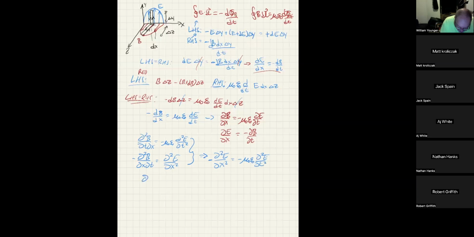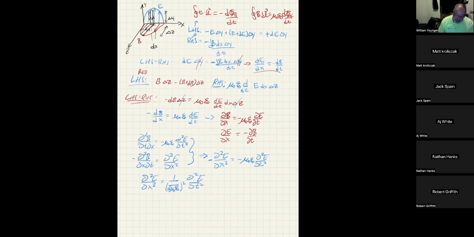So the second partial of E with respect to x squared is equal to 1 over the square root of mu 0 epsilon 0, squared, times the second partial of E with respect to t squared.